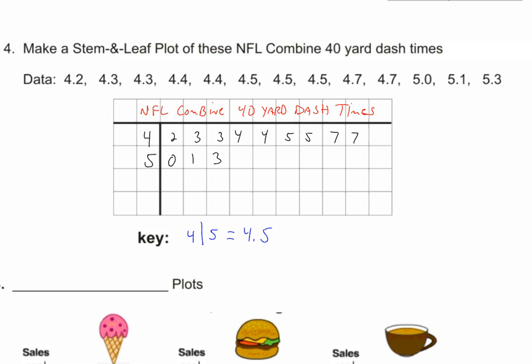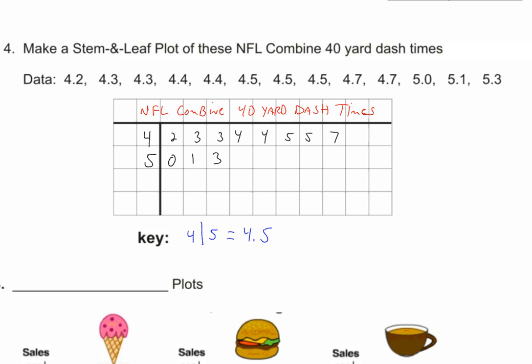Now the stem should have been 4 and 5. That's pretty much a no-brainer. And again, the leaves are always in order for that interval. So the first one was a 4.2, so the 2 had to come first, then the 3, the 3, the 4, the 4, the 5, 5. I missed a 5, didn't I?